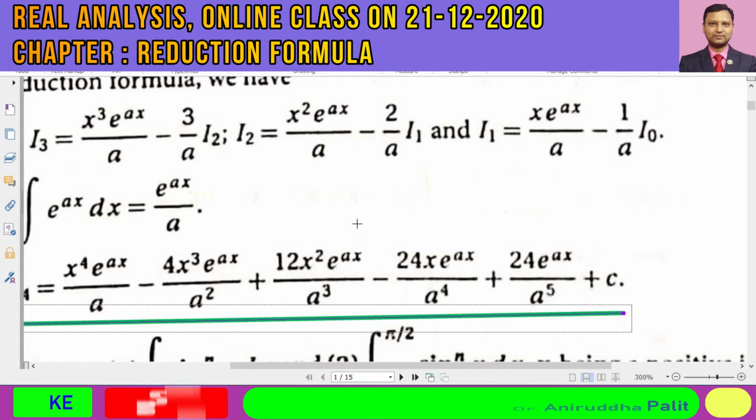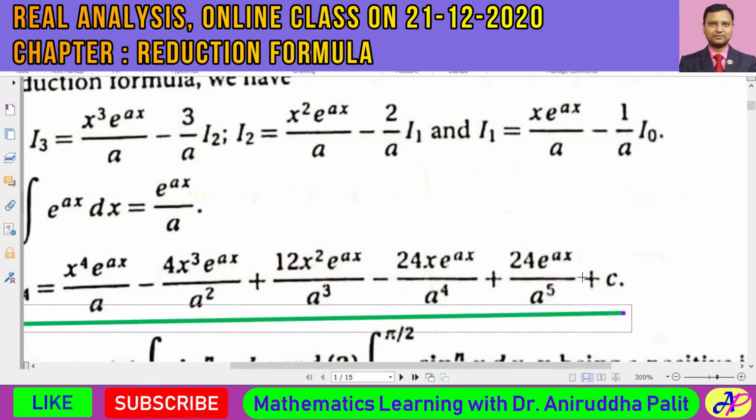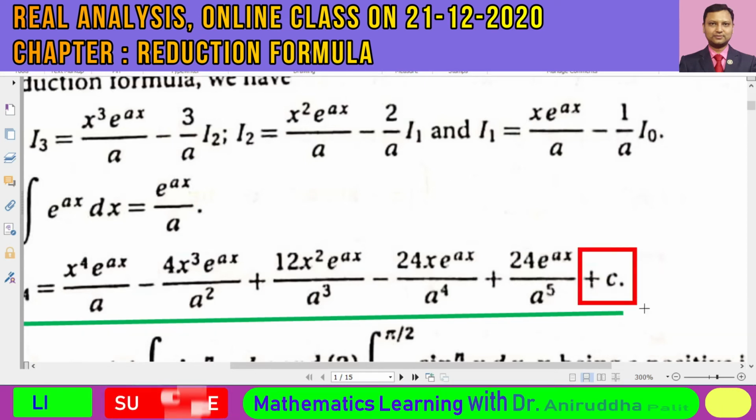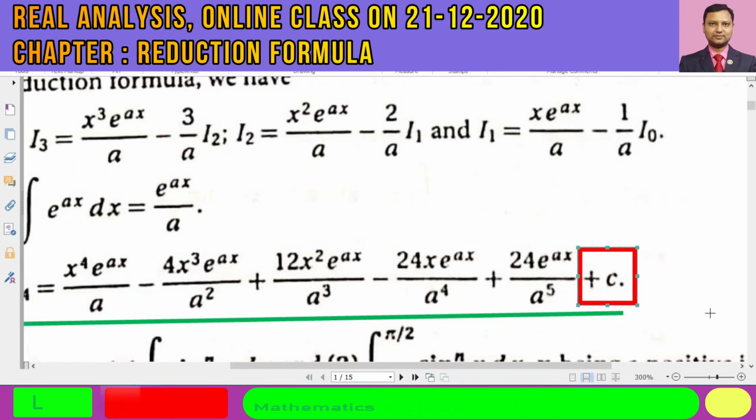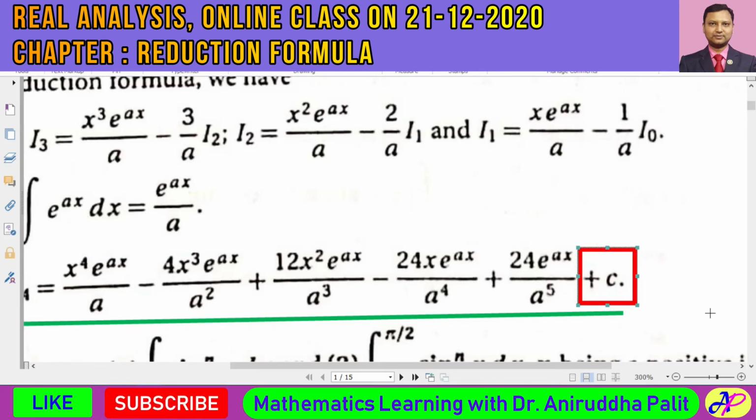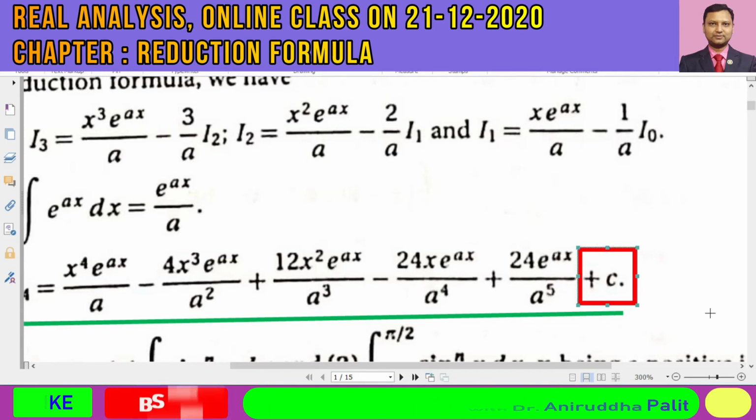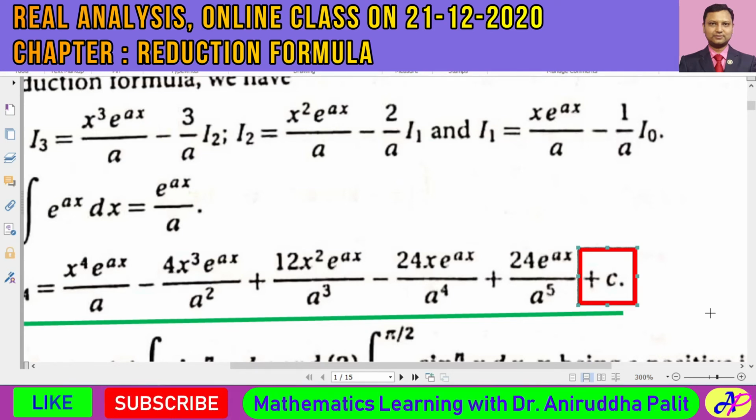All the constants of integration are added and the entire contribution is written as a single constant of integration, plus c. Got it? So this c contains all the constants of integration that arise in all the previous portions.